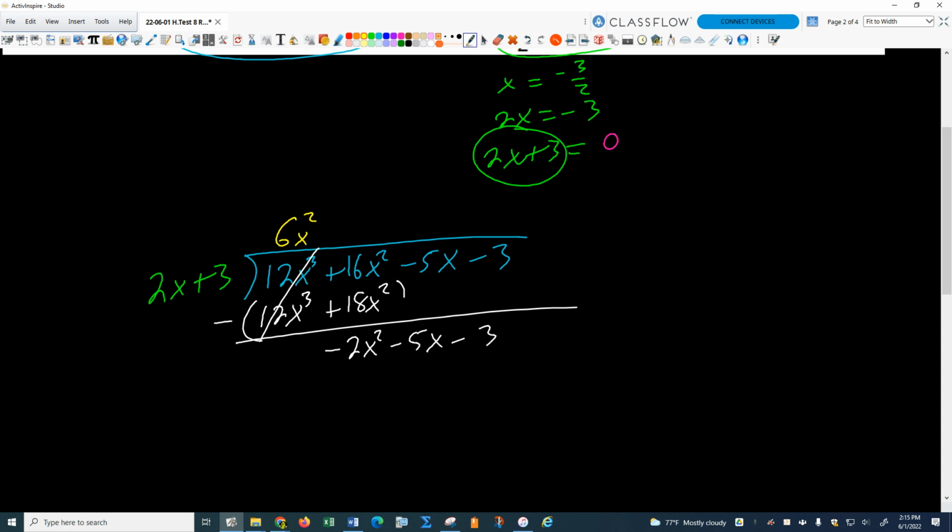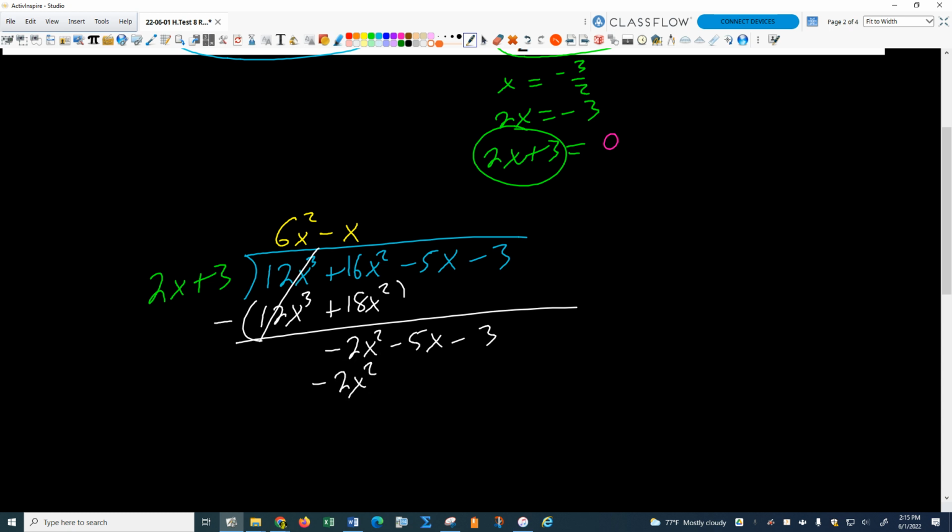Go again. 2x times what is negative 2x squared? Negative x, you said, right? Not negative 2x. Negative x times 2x is negative 2x squared.